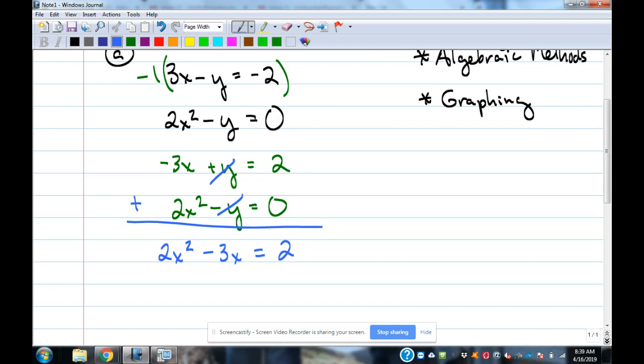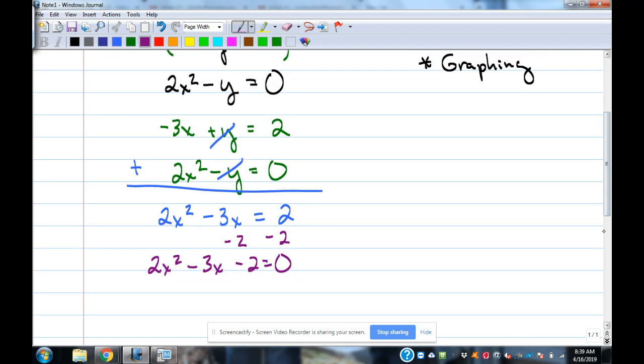So not quite as easy as doing elimination with linear systems because we don't have that one-step equation to solve here at the end, but we do have a quadratic, and we know how to solve quadratics. So tell me what to do. Yeah, get the 2 to the other side to get it equal to 0. 2x squared minus 3x minus 2 equals 0.